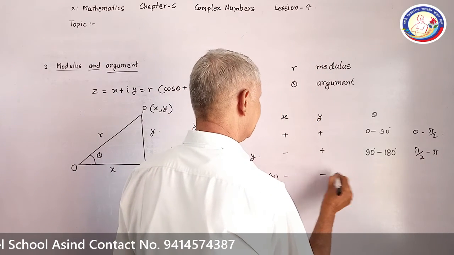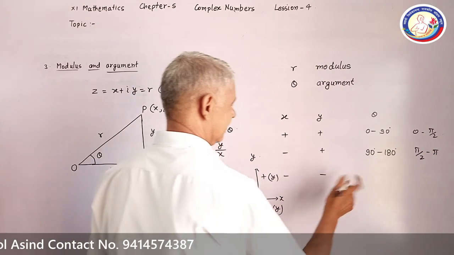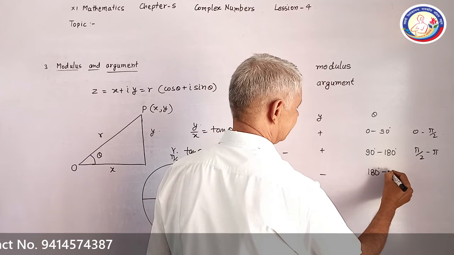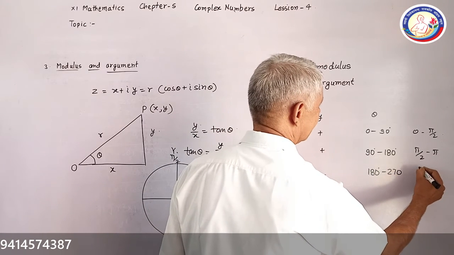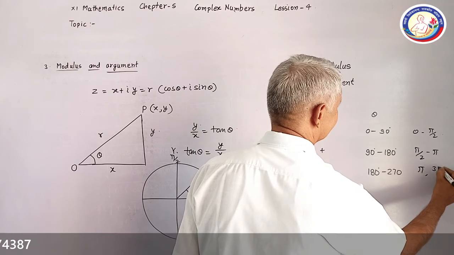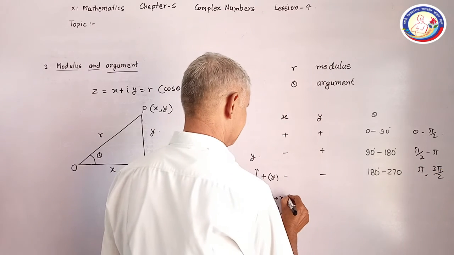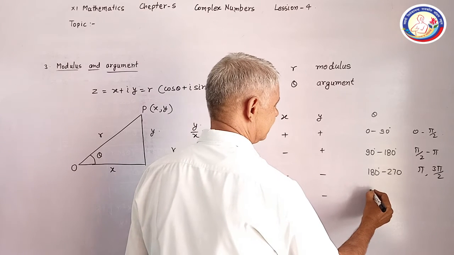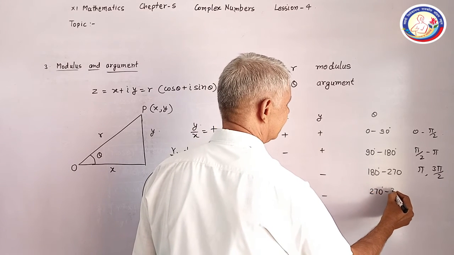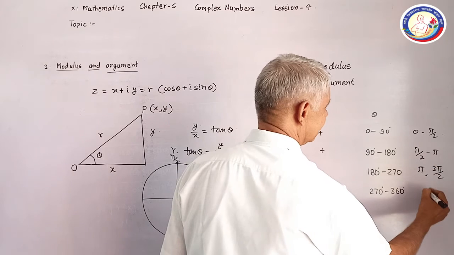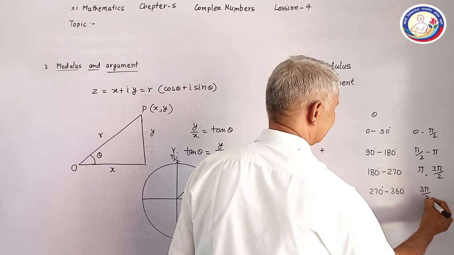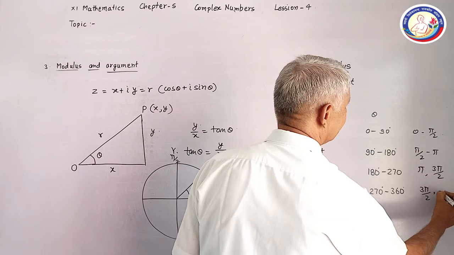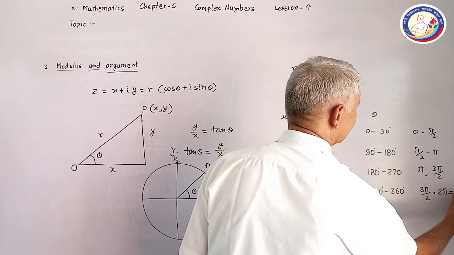Again, both are negative in the third quadrant, 180 degree, pi to 3 pi by 2. And x is positive and y is negative. It means 270 degree to 360 degree, and that is 3 pi by 2 to 2 pi. And it is also again 0.